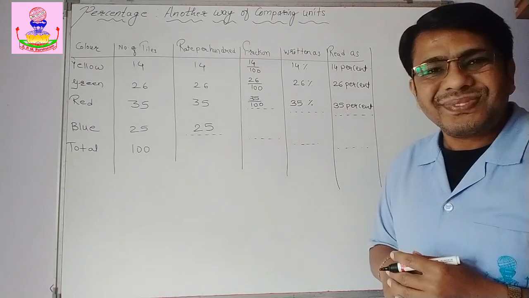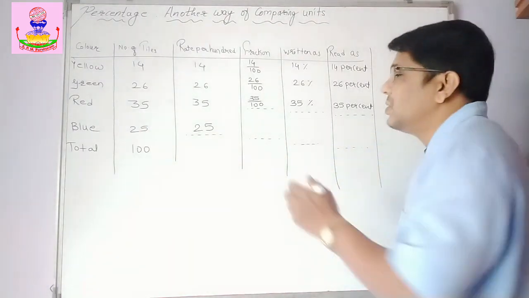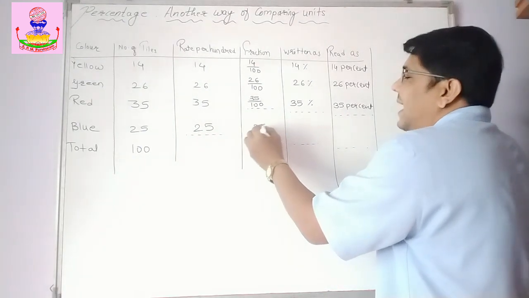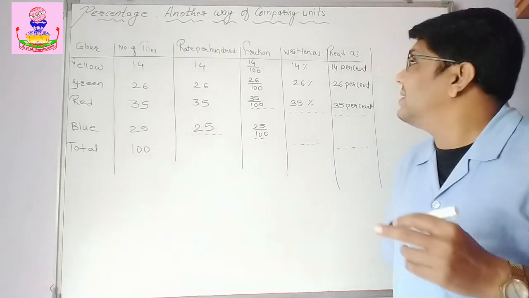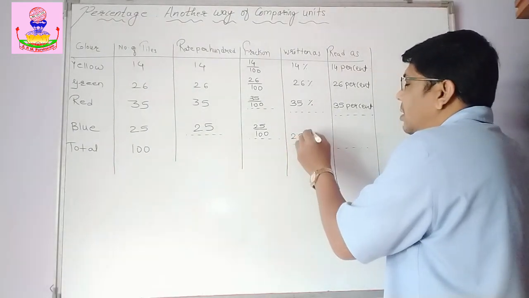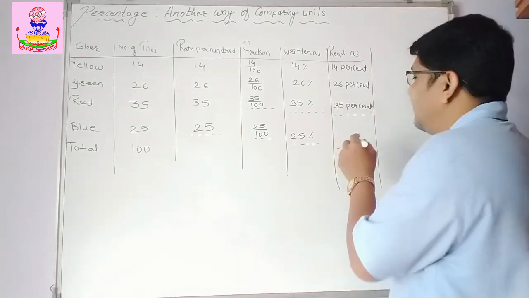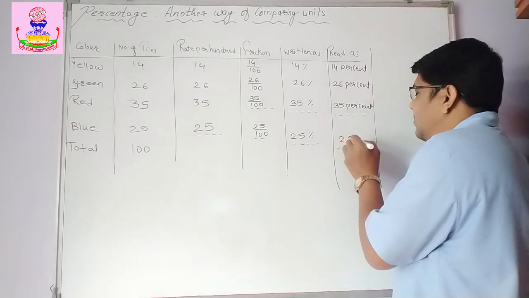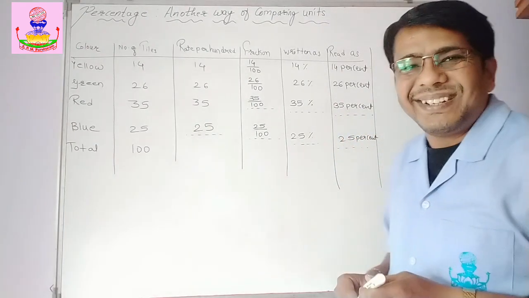Then here 25 blue tiles out of 100. So the fraction, exactly, 25 upon 100. How can we write it? 25%. And we read it as 25 percent. Do you get it?